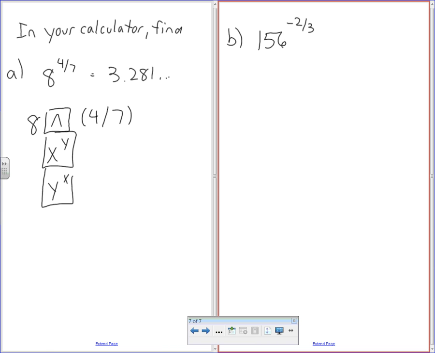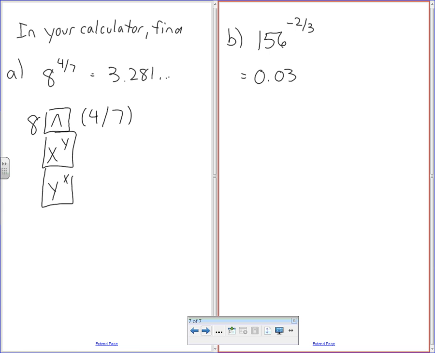Tristan, I'll pick on you in about 10 seconds once everyone's tried it. 156 to the negative 2/3 is going to go like this. Tristan, go ahead. I got 0.034... 0.035.